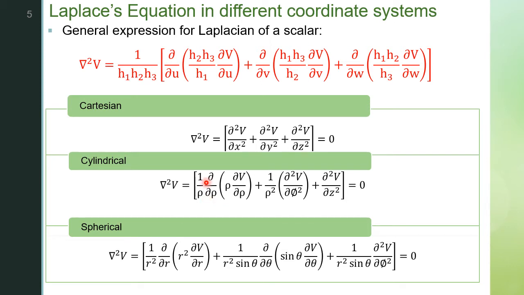On substituting that, you will get 1 by rho dou by dou rho of rho dou V by dou rho plus 1 by rho square dou square V by dou phi square plus dou square V by dou z square equal to 0. Similarly, we'll get the expression for the spherical coordinate system. So if you study the general expression, we can get the expression in any coordinate system.